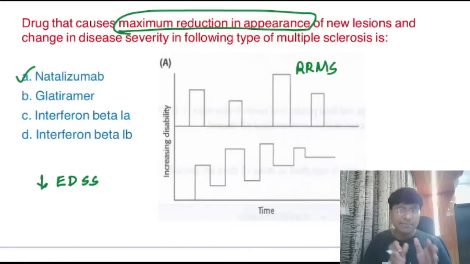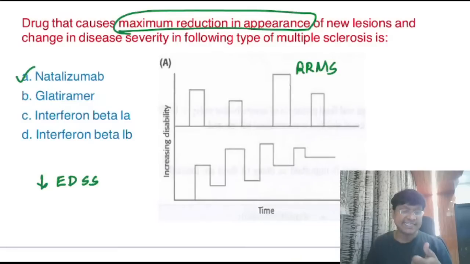One important question is, whenever you are giving natalizumab, what is that particular antibody that you need to test for? And only if that antibody is negative, that is when we give this natalizumab. See, almost 1 to 2 percent.